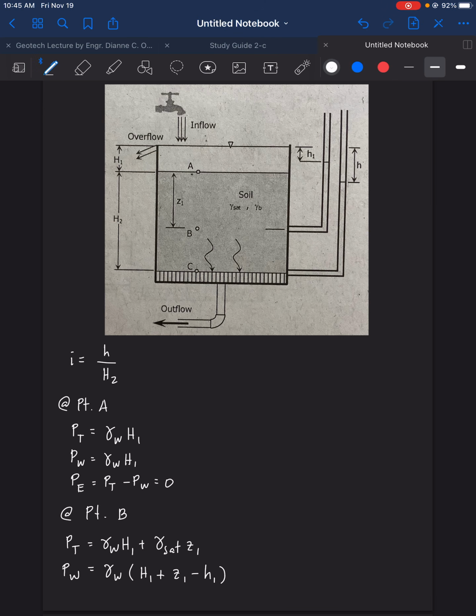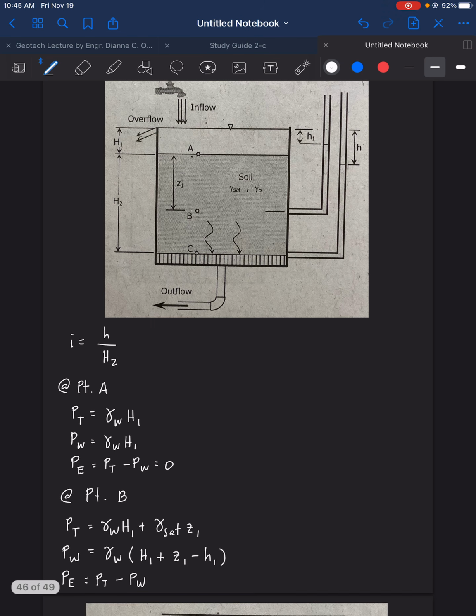Next, we have the P effective is equal to P total minus P water, or we can have the shortcut formula, gamma effective Z1, plus gamma of water H1.